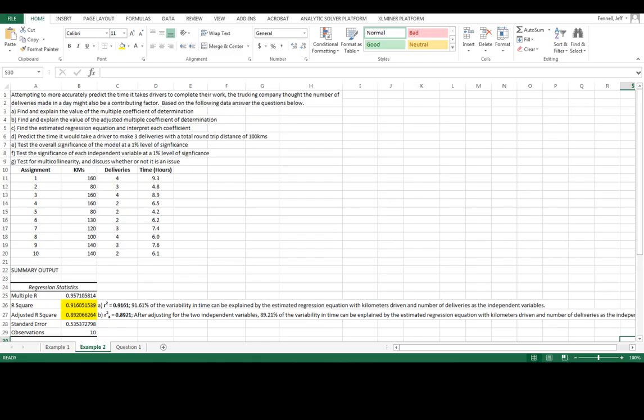For part C, finding the estimated regression equation and interpreting each of the coefficients. Now remember, we're going to have here three coefficients. The coefficient for the y-intercept, the coefficient for the x1 variable, or in this case kilometers, our first independent variable, and deliveries, our second independent variable, or x2.